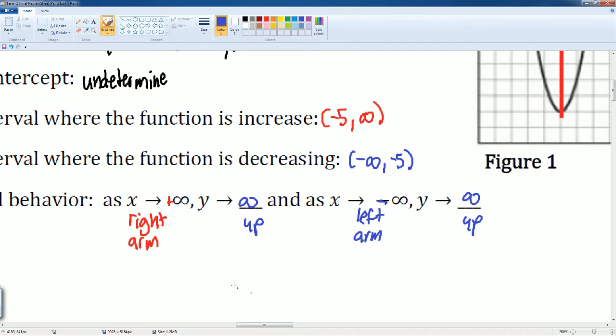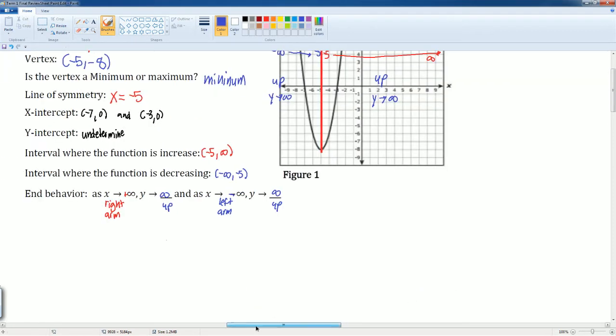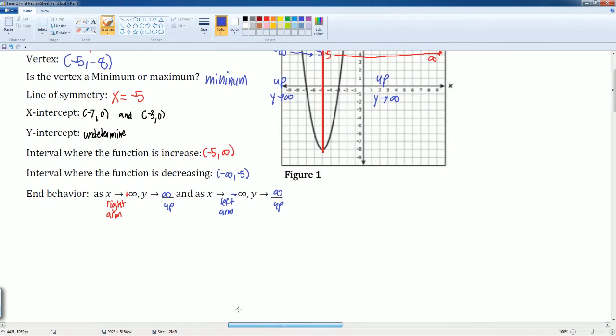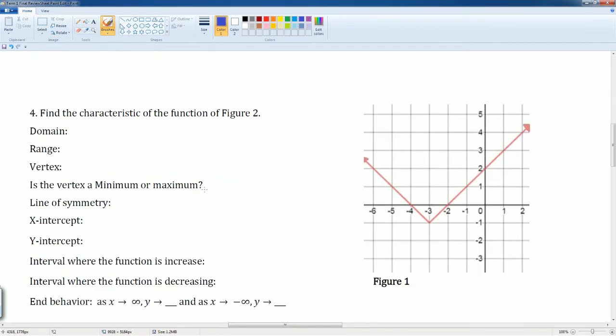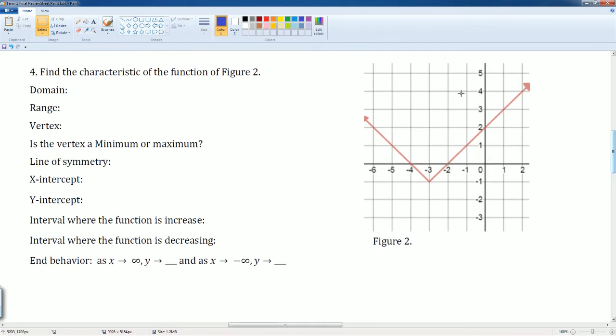That is how we find the characteristics of a function, which is this parabola here. Right, figure 2. This should be figure 2. Alright. Okay. So domain, range, same thing as before.